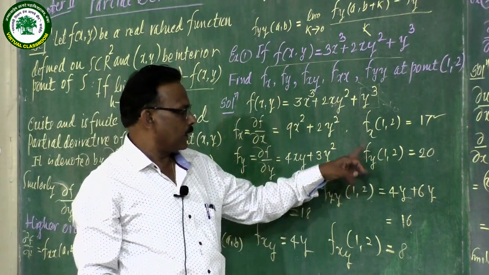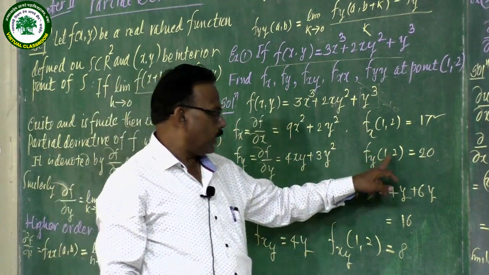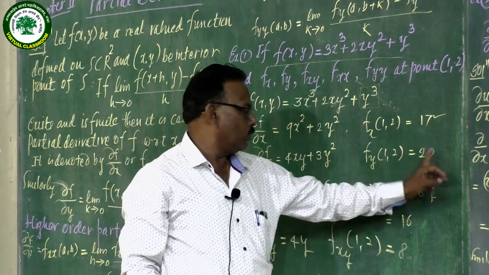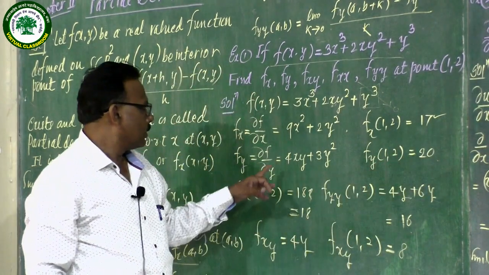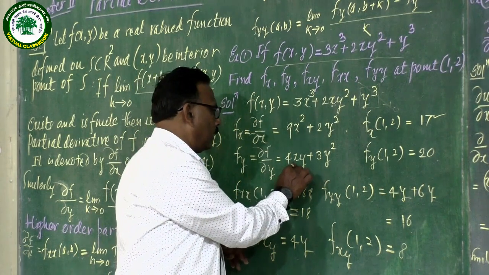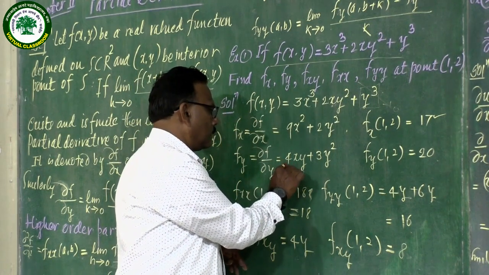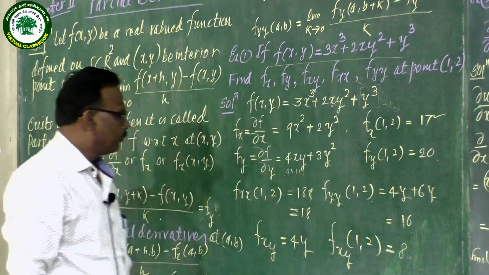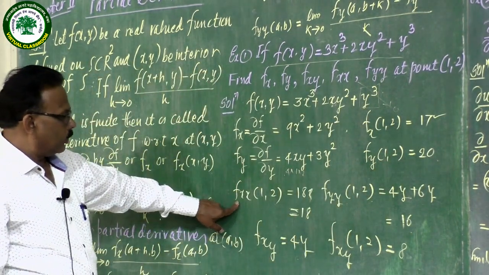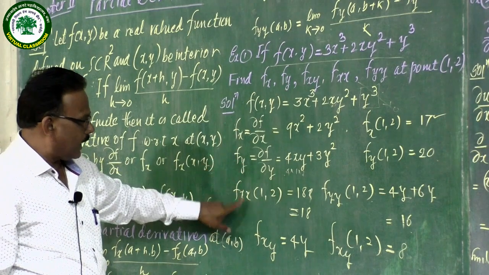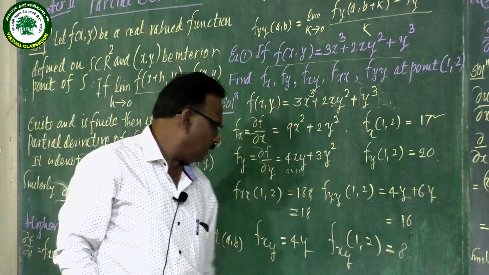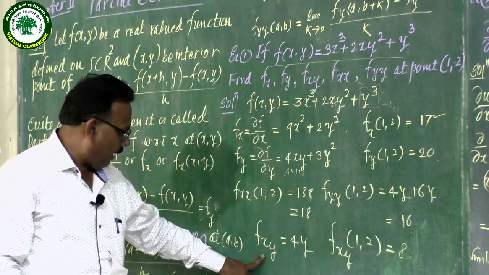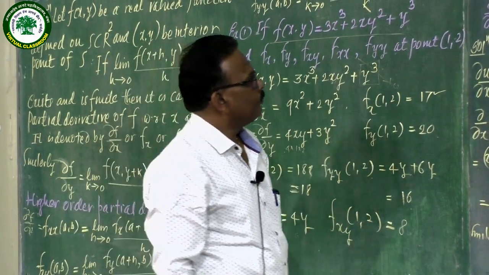The value of the partial derivative at point (1, 2) with respect to y is equal to 20, which is 4 into 1 into 2, that is 8, and y square, that is 4, therefore it is 20. Similarly, the partial derivative of the function with respect to xx has the answer 16 and with respect to xy has the answer 8.